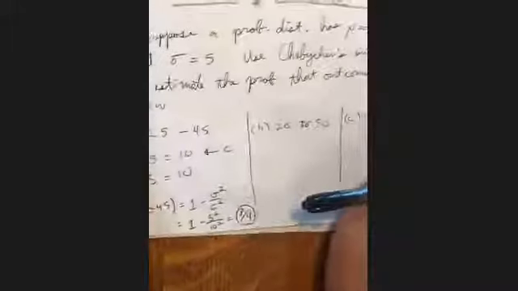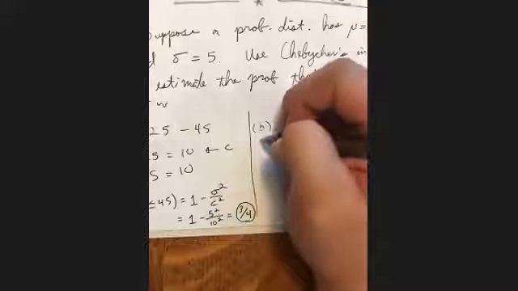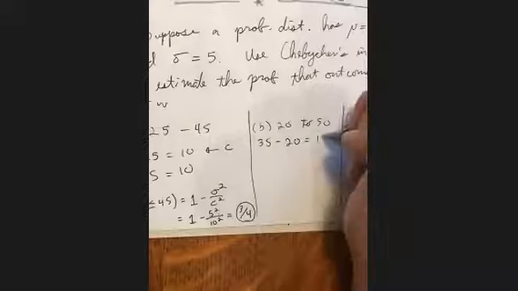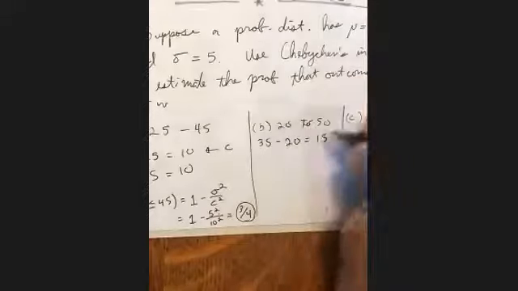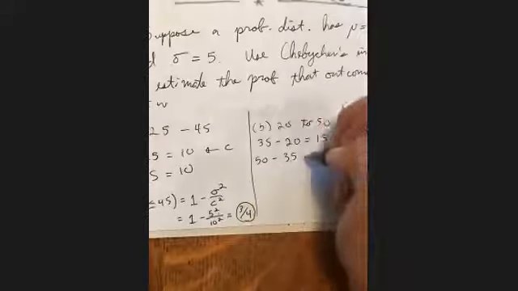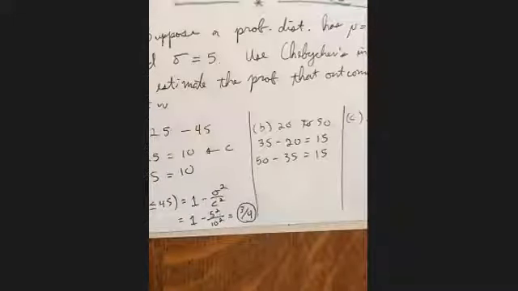And then we do the same thing for the next part. So 20 to 50, I'm going to look at 35 minus 20. That's 15. And if I look at 50 minus 35, these are the means, just to show you that these do end up being the same thing. So 15 above and 15 below.